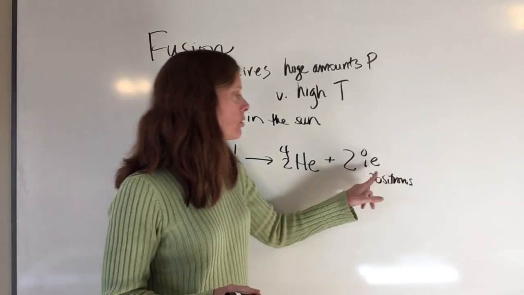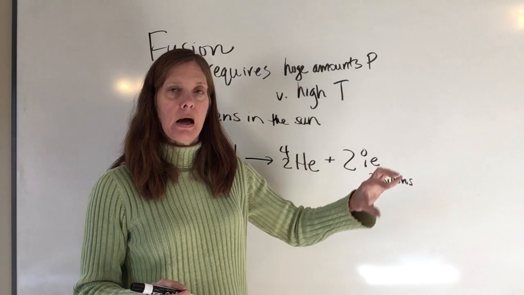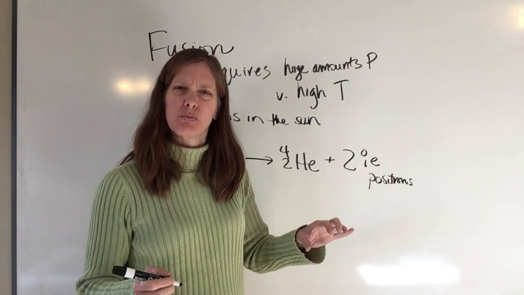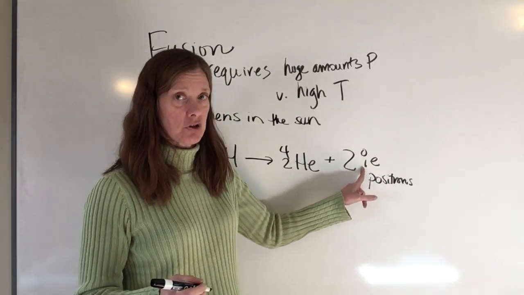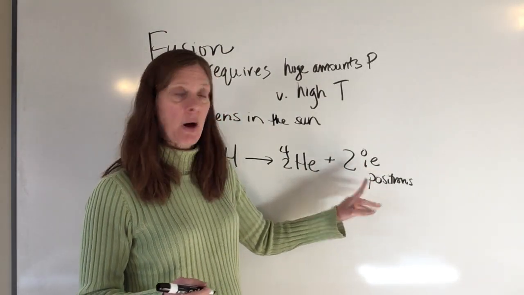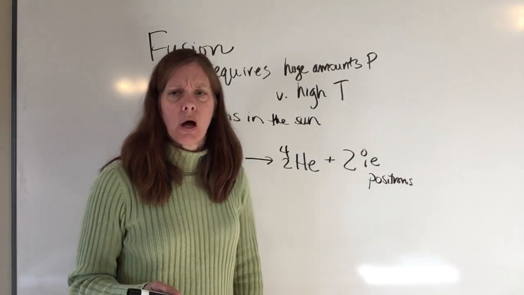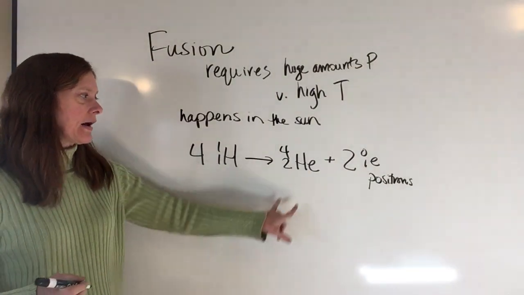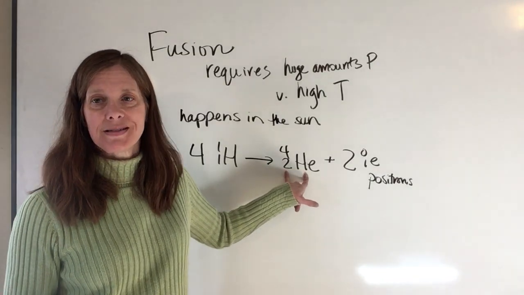The difference though is that while it looks like an electron in every other aspect as far as the mass of it, remember electrons are much smaller than protons, these do not have the negative charge associated with them. Instead they have a positive charge, hence they're called positrons. All right, so here I've taken 4 small nuclei and I fuse them together to make a large nucleus instead.